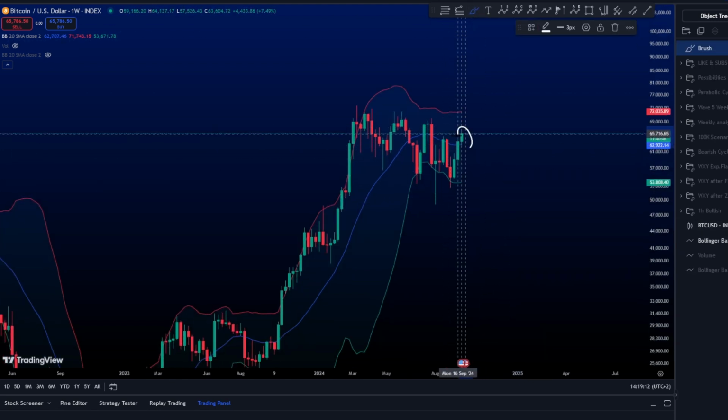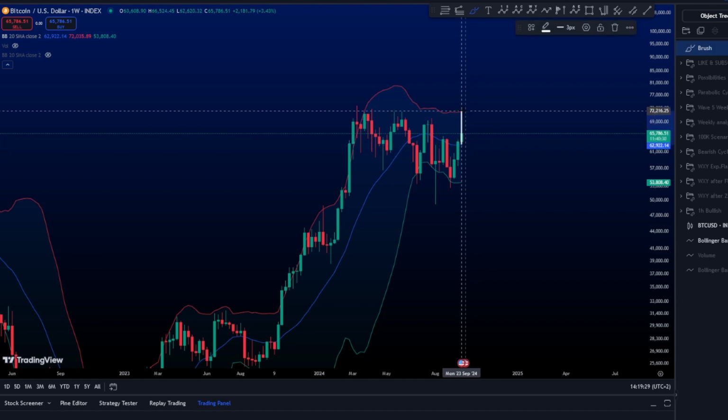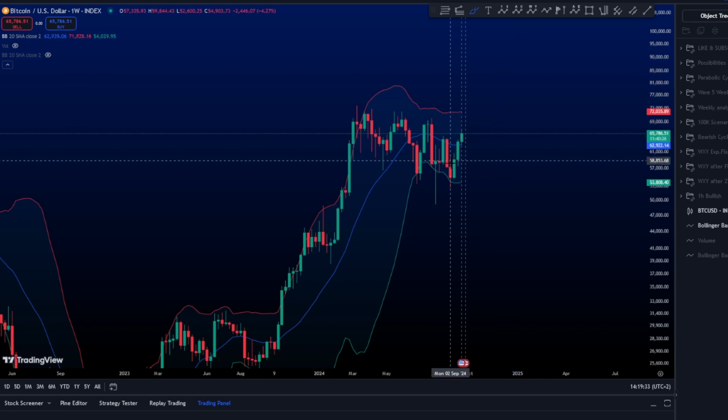So this week was a very nice week, a nice indication where we have broken the middle line of the Bollinger Band, and we are going to test the upper line definitely at the 72,000 almost in this area, where we want to start to see, of course, a continuation towards the upside.